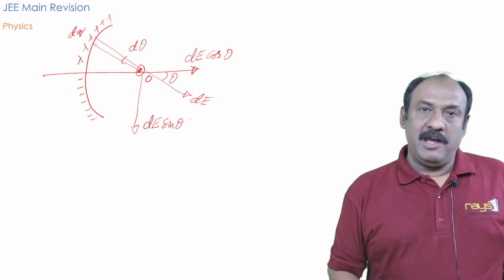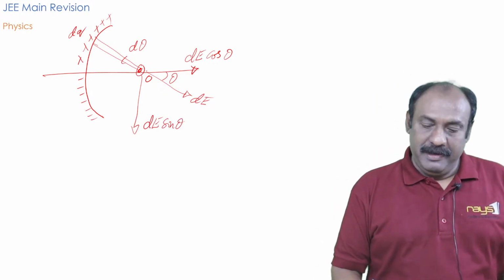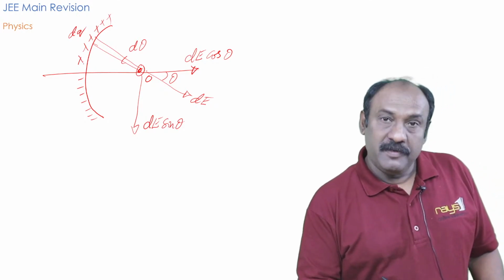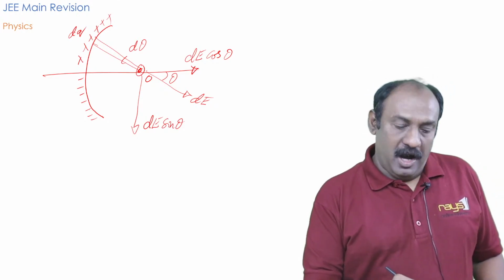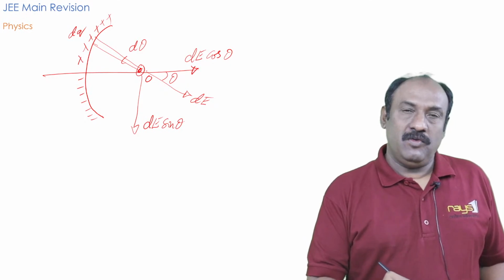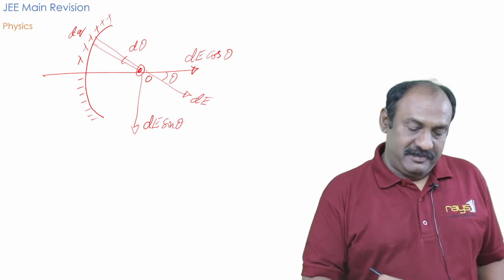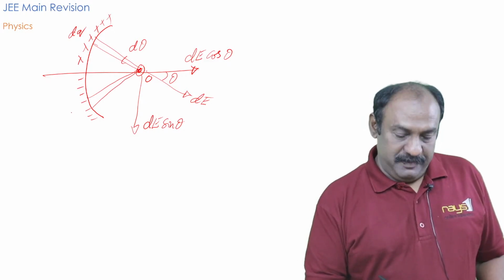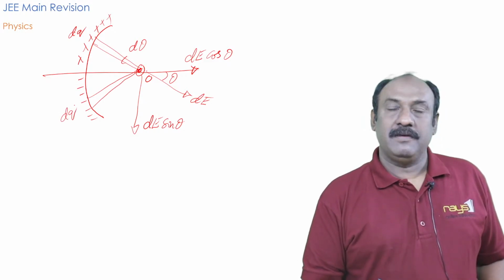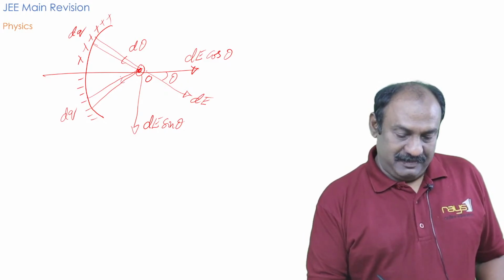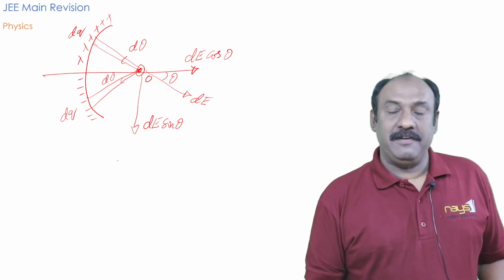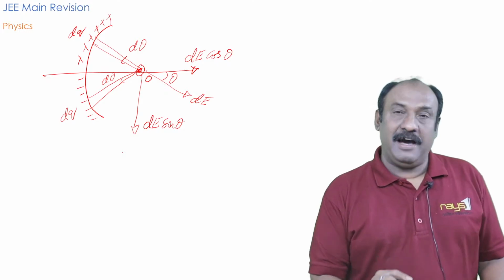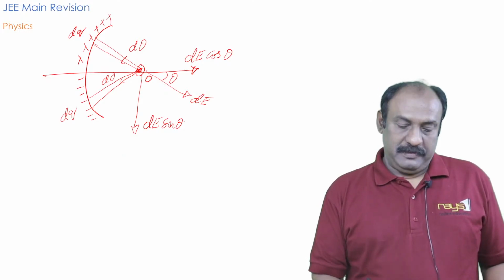In a similar way, I consider an identical element at its identical position from the lower half having negative linear charge density. So I considered an identical element of charge dq having thickness d theta at an angle theta from its horizontal position. Then it is a negative charge.